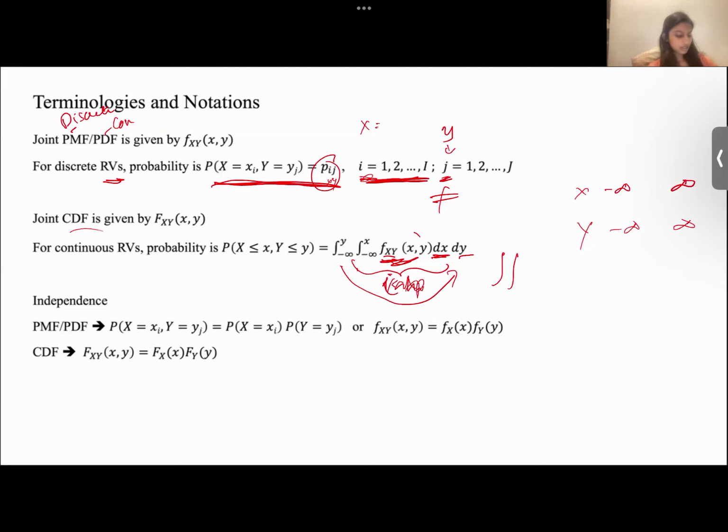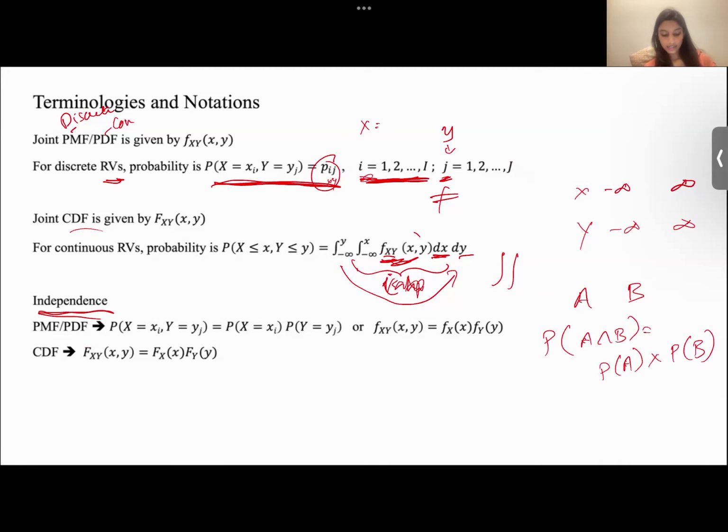Such random variables also follow independence. If you remember, with two events A and B, they are considered independent if the probability of A intersection B is equal to the product of the probabilities, P(A) times P(B).